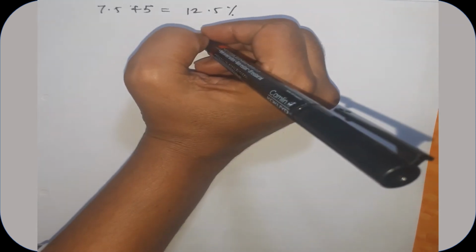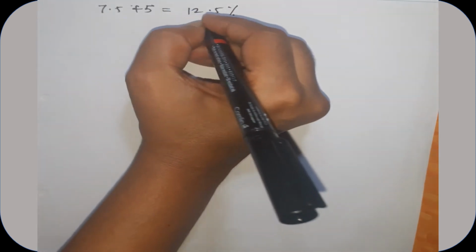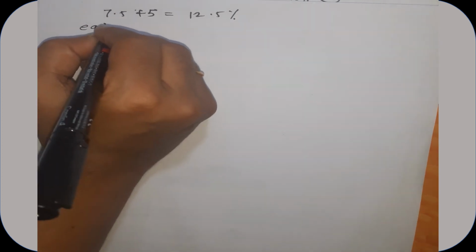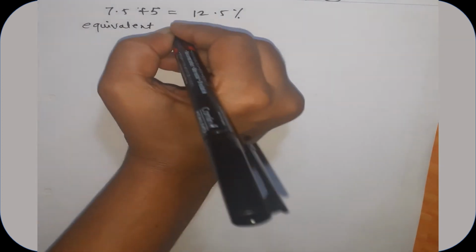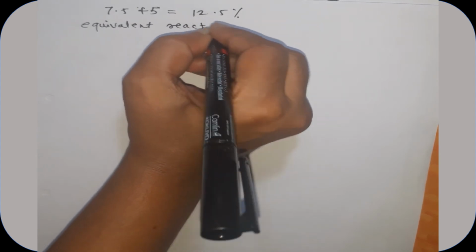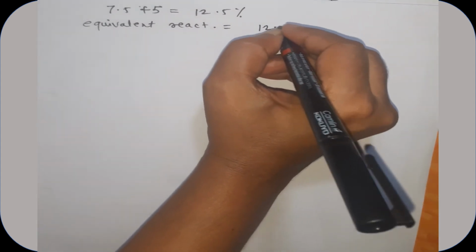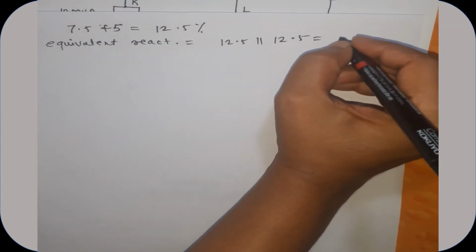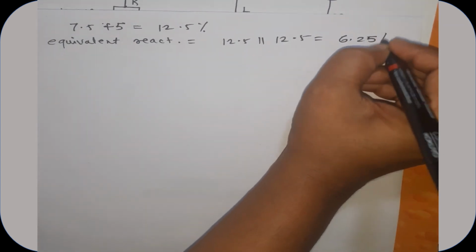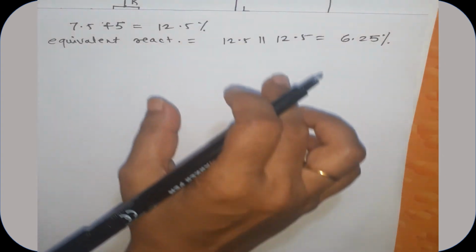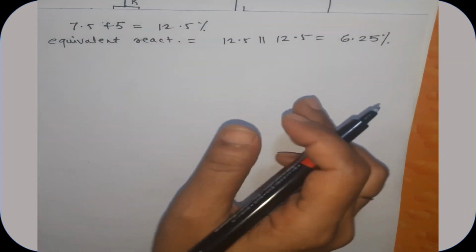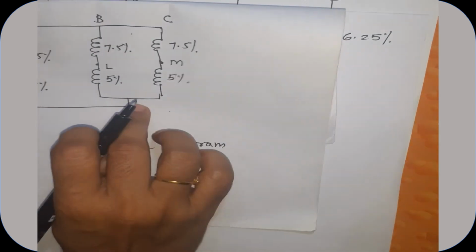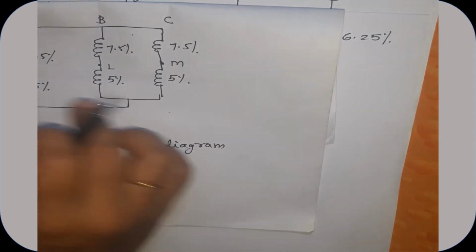That branch is in parallel. So there are two branches of 12.5. So the equivalent reactance of the system is 12.5 in parallel with 12.5. It comes to 6.25%. So the equivalent reactance of the two parallel branches comes to 6.25%. Then 6.25 plus 5%.